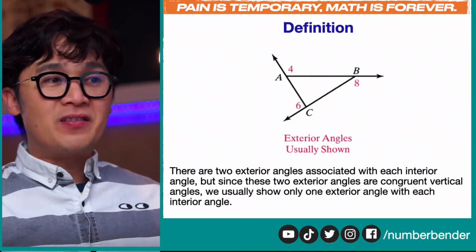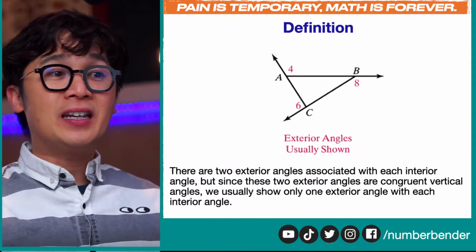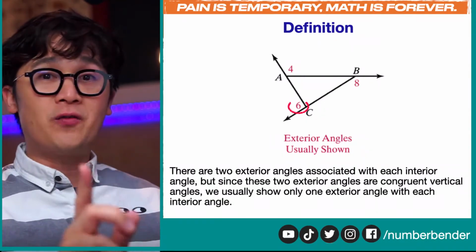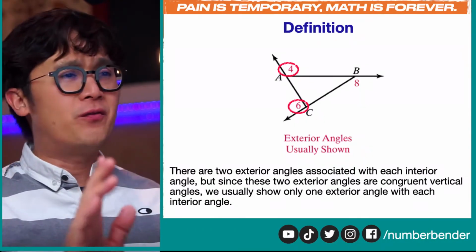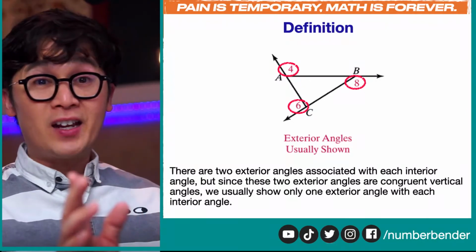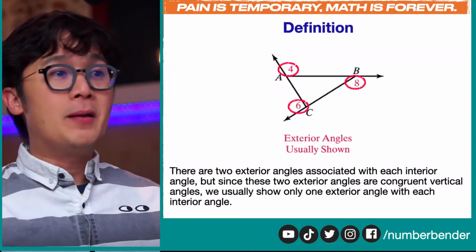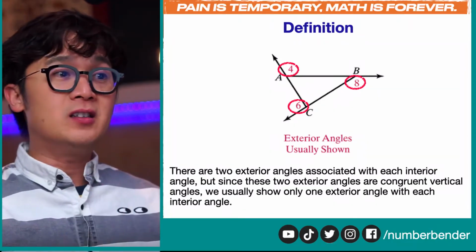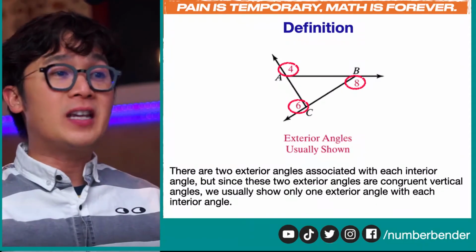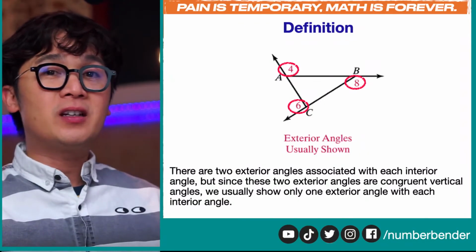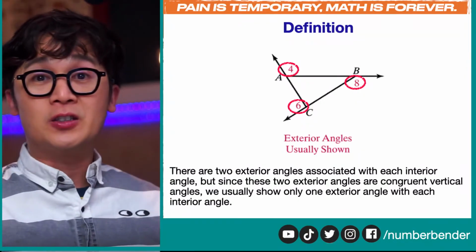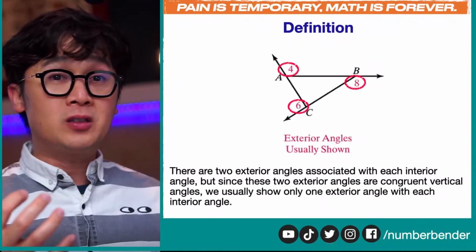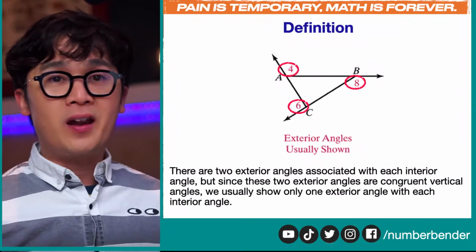There are two exterior angles associated with each interior angle in a triangle. But since these two exterior angles are congruent, or vertical angles, we usually show only one exterior angle with each interior angle. These are the relationships that we usually use when we are working with triangles.